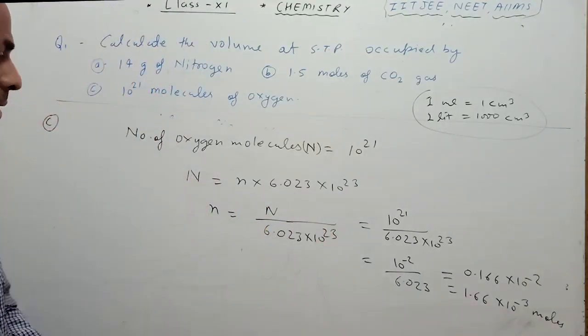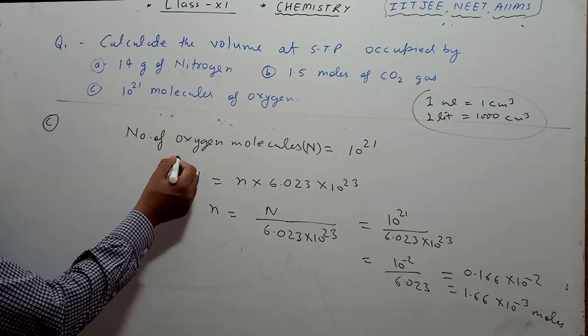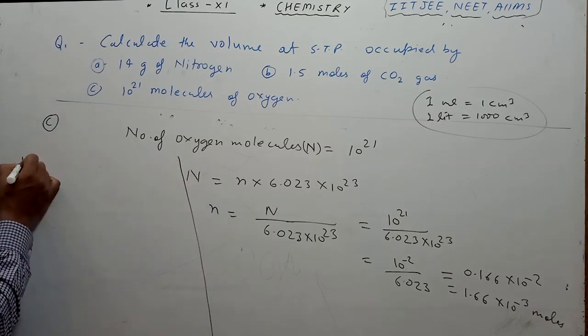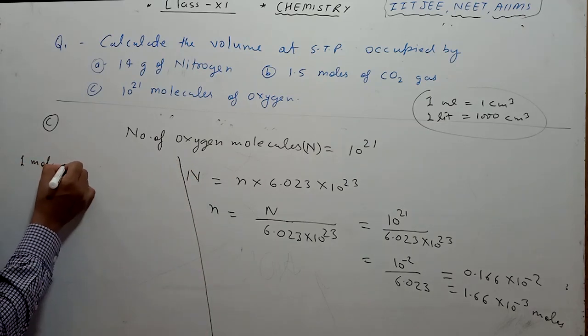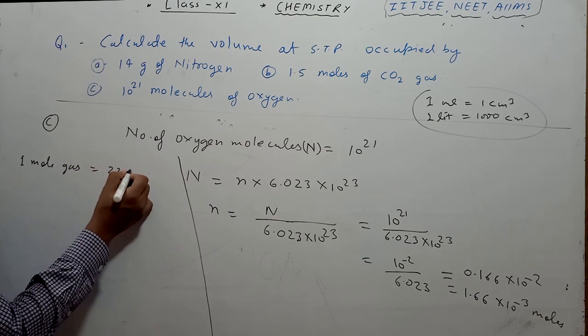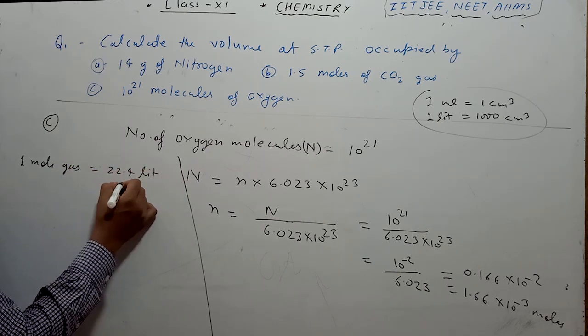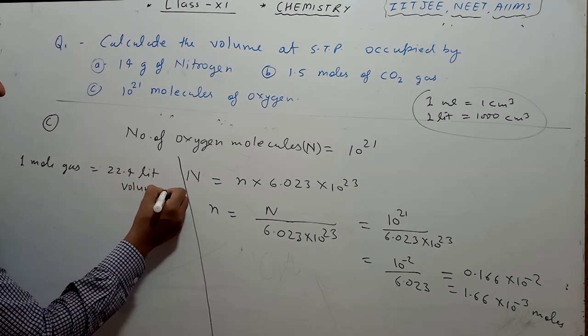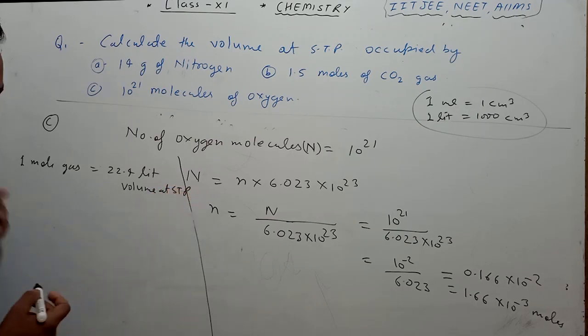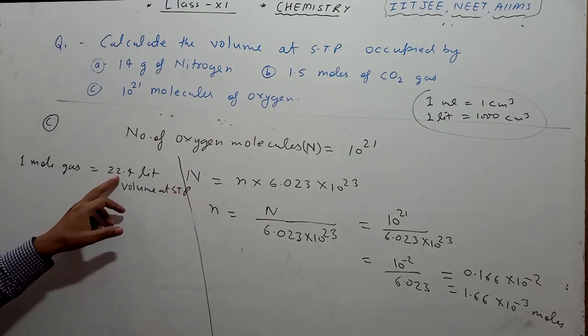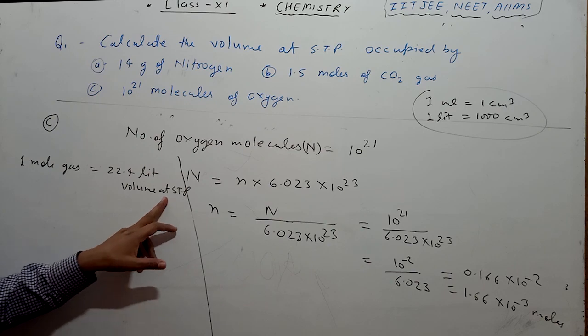Okay, look after this. After calculating the mole, we know that 1 mole gas has 22.4 liter volume at STP. 1 mole gas consists of 22.4 liter volume at STP.